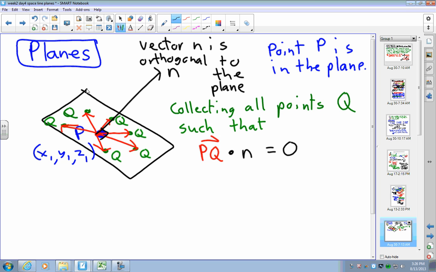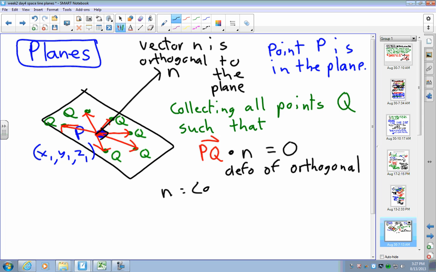And why would I make that equal to 0? Remember, the dot product equaling 0 is the definition of orthogonal. Okay? So my whole goal is to collect all of the points Q such that any red vector is orthogonal to the n vector.